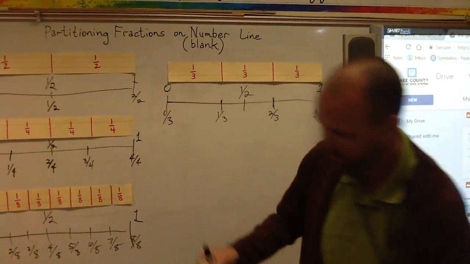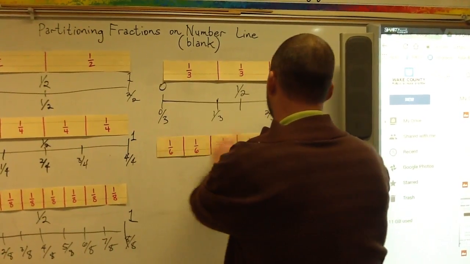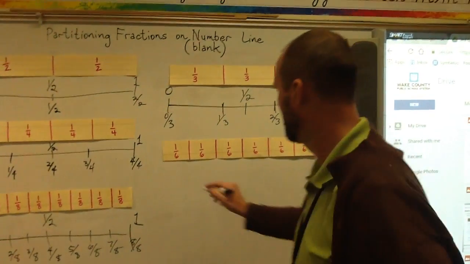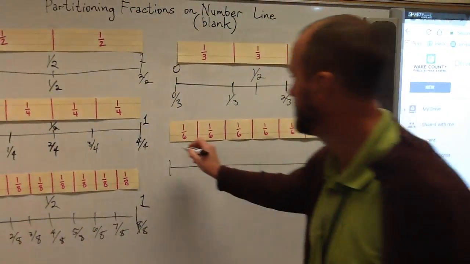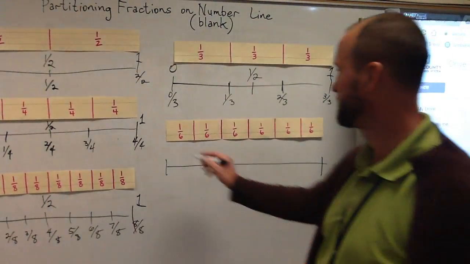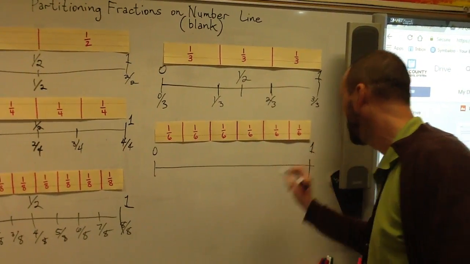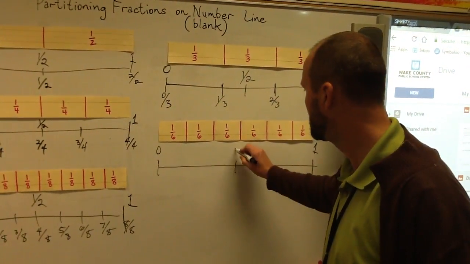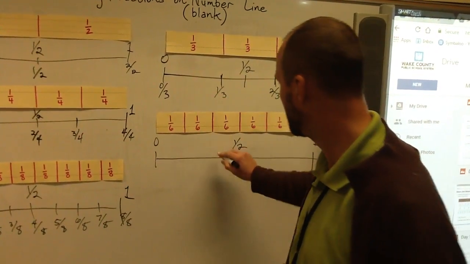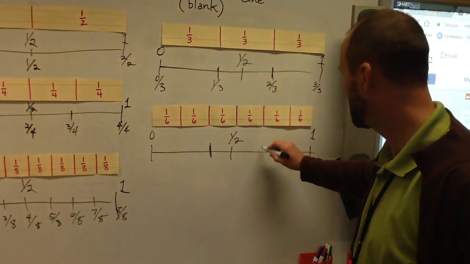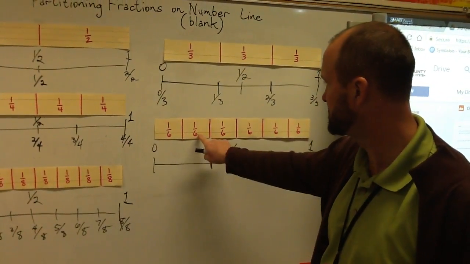And our final, before y'all start practicing on GoFormative, last one that I'm going to model is sixths. So again, 0 is the beginning of the number line, and then 1 whole. In the middle is a half, and I'm going to use my thirds, about there and there, and then 3 times 2 equals 6.